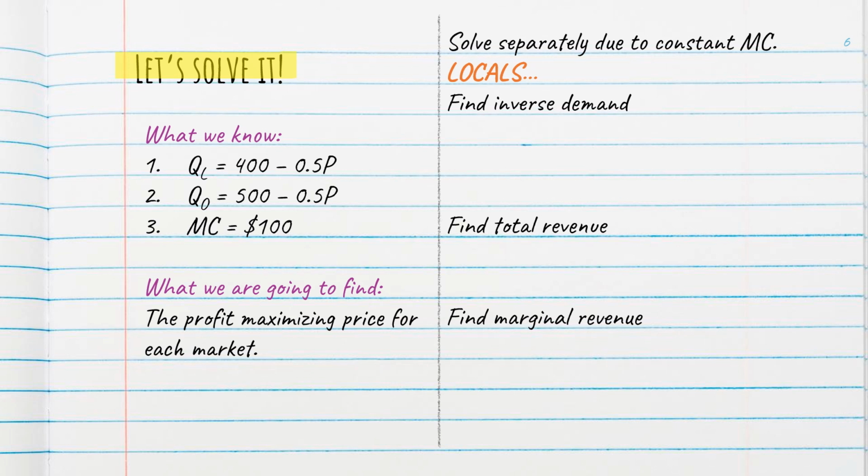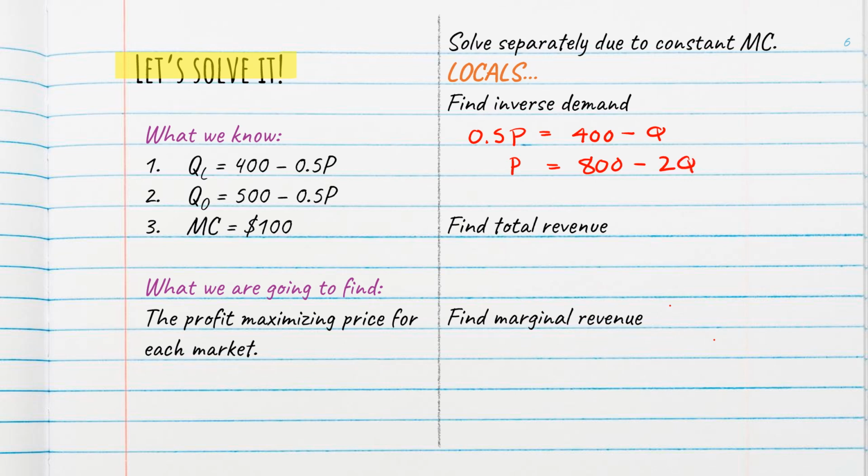To find inverse demand, we look at our demand curve and we solve it for P. So we have 0.5p is equal to 400 minus Q. And then to get rid of this 0.5, I multiply both sides of my equation by 2. So I have P is equal to 800 minus 2Q.